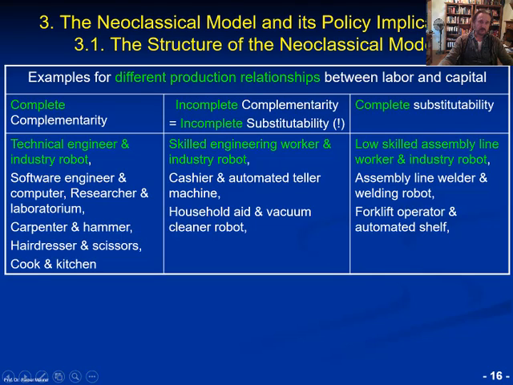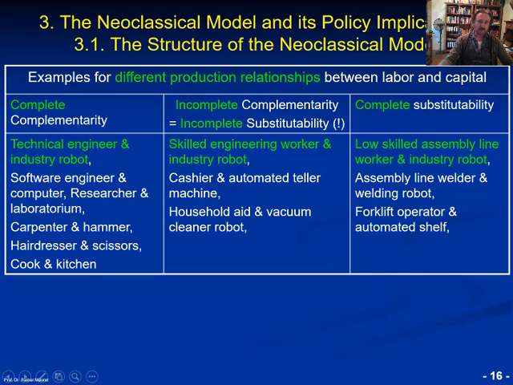Both production factors depend on each other. The technical engineer cannot produce goods without the help of an industry robot. And to establish a production line with industry robots, a technical engineer is still needed.